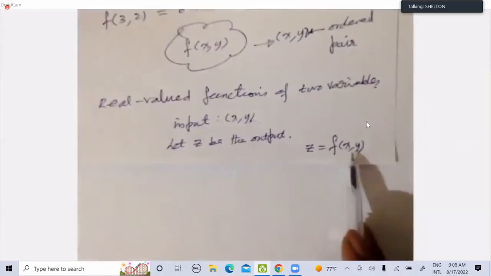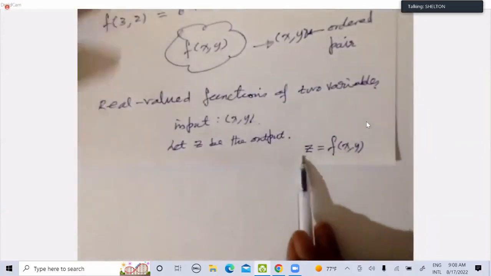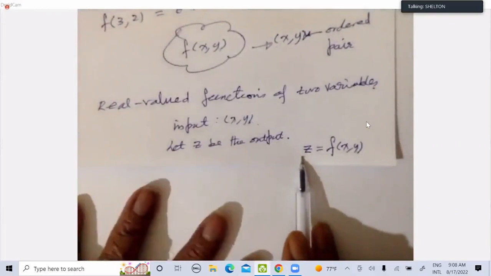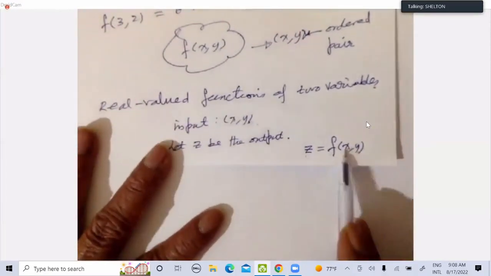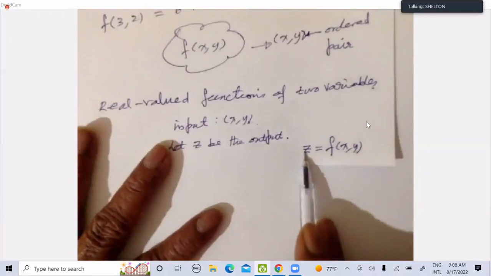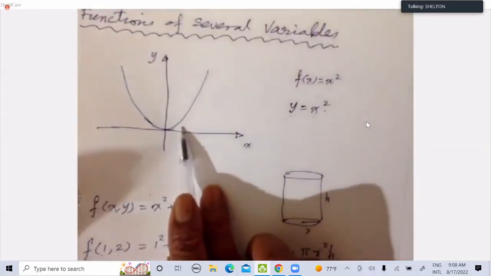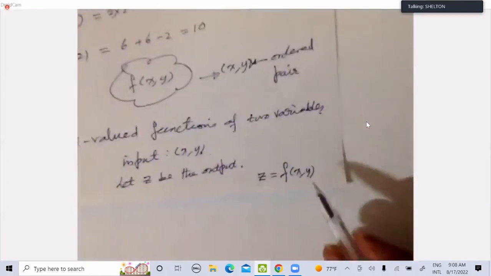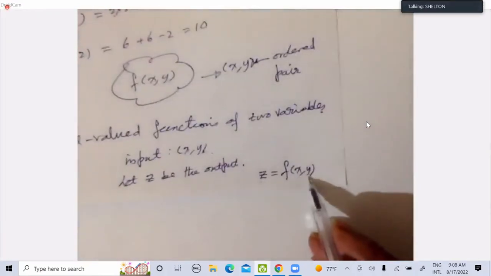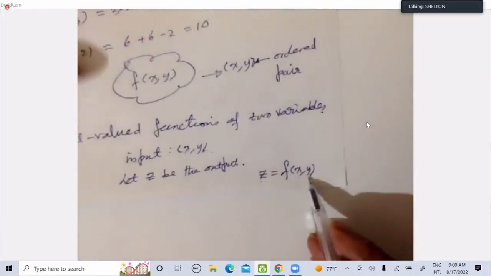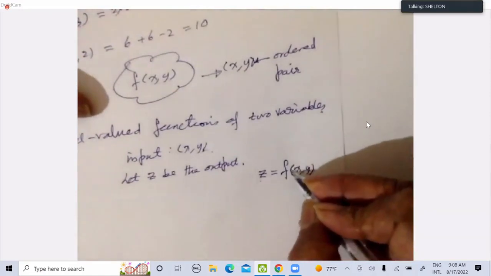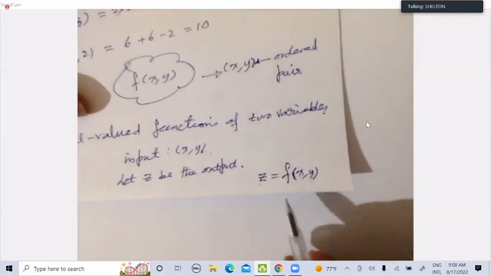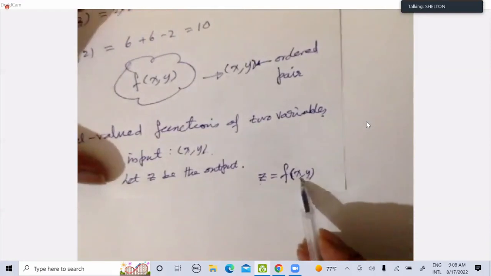Now here, if you try to do input comma output, how many variables are there? Two for input and one for output. So we cannot do it in the xy plane. In the xy plane, we can try to plot the domain of the function. Domain is the same as before: the largest set on which the formula makes sense.